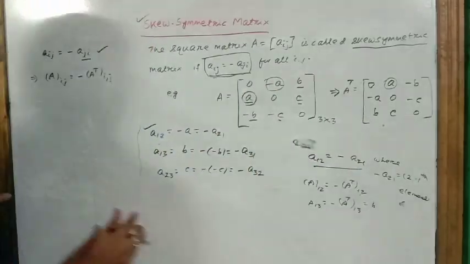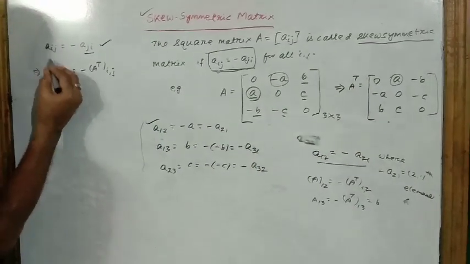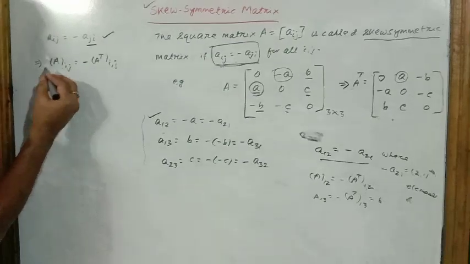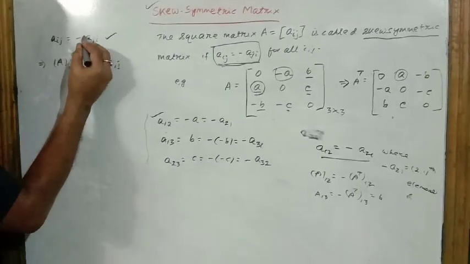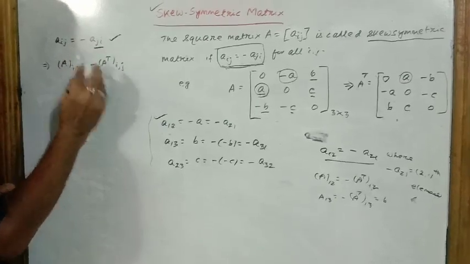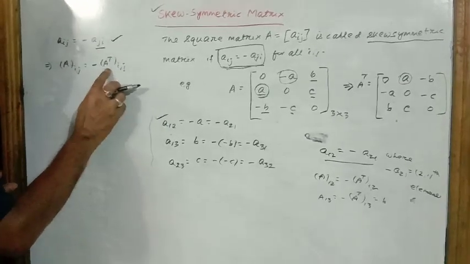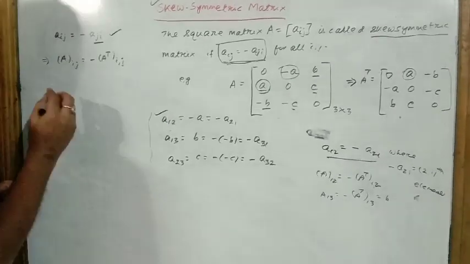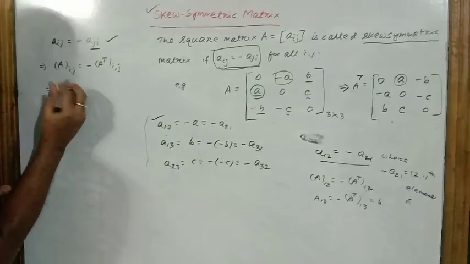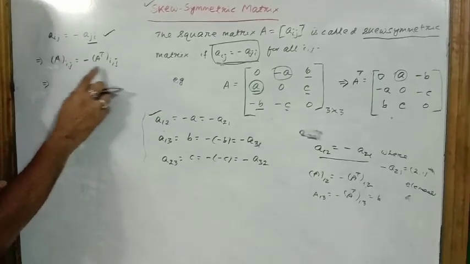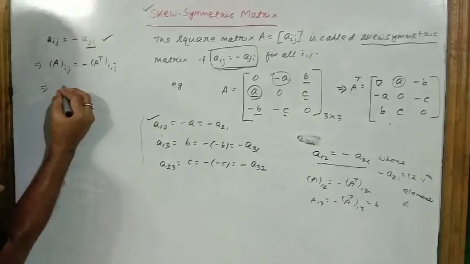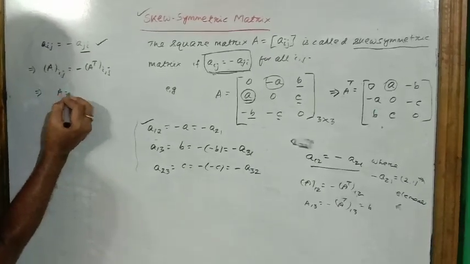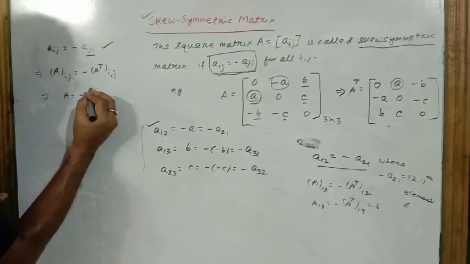That means here you remember that Aij, that is the ijth element of the matrix A, must be equal to minus of the Aji element. The Aji element is the ijth element of A transpose. So we are getting that their corresponding elements are same and their order is also same. So matrix A is equal to minus A transpose.